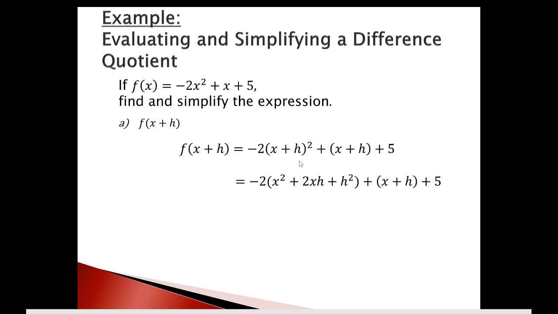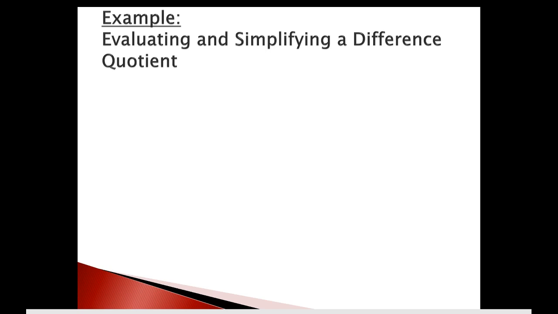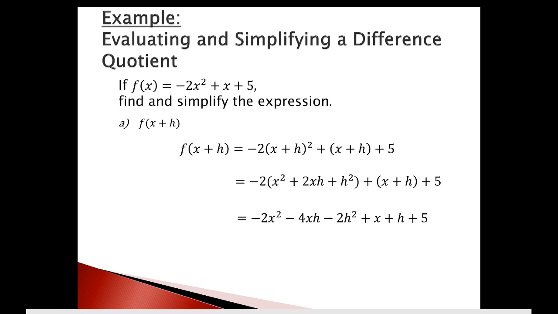Then after that we can simplify (x plus h) squared. That becomes x squared plus 2xh plus h squared. After simplifying this one, we will have f of x plus h is equal to this expression.